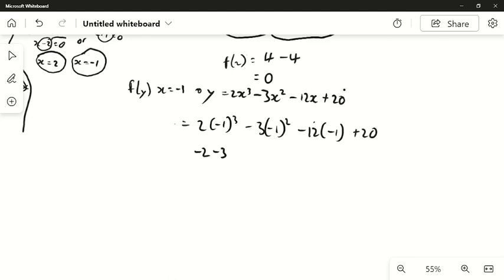Minus times minus is plus, so plus 12, plus 20, gives plus 32. Then minus 2 minus 3 is minus 5. Then plus 32 minus 5 gives us 27. So our f function where x is minus 1 is equal to 27.